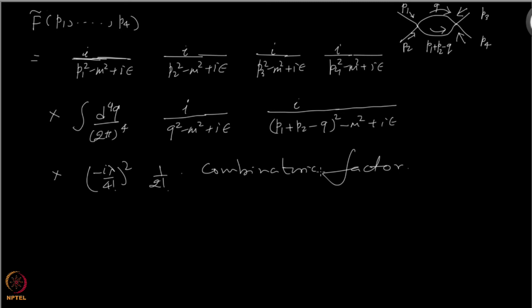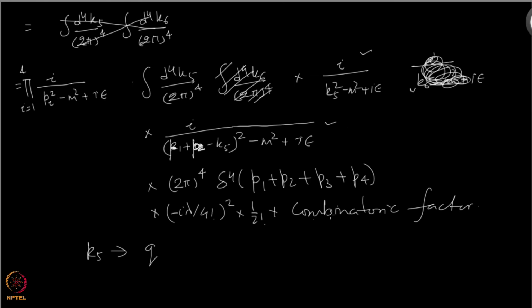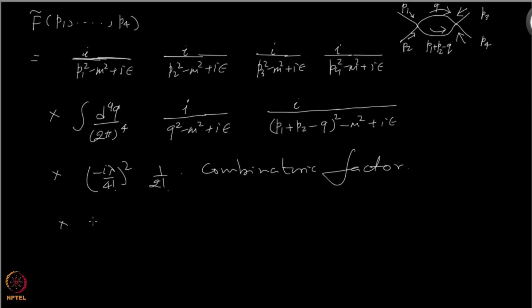I think that this is all correct. Not yet. There is one piece which is missing, which is this piece, times 2 pi to the 4 delta 4 of p1 plus p2 plus p3 plus p4. You see, this one is the overall energy momentum conserving delta function. So it says that the sum of all 4 momenta, p1, p2, p3 and p4 entering into the diagram is 0, which just means whatever enters should exit.